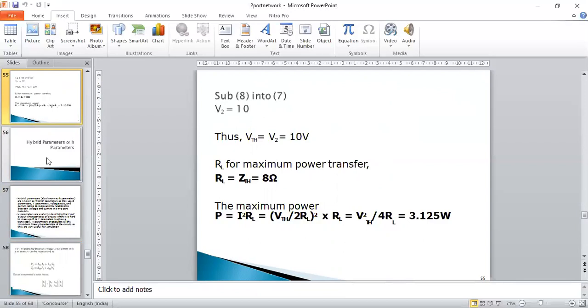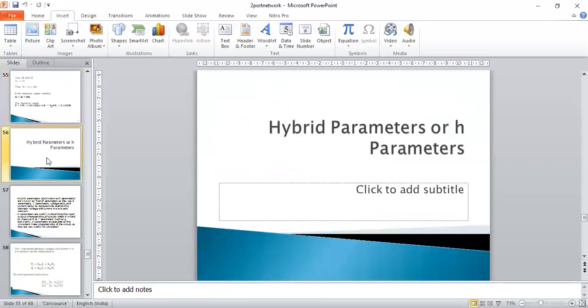The maximum power P is I square RL, and the maximum power transfer theorem says that P is VTH square divided by 4RL. Putting the values of VTH and RL, we find 3.12 watt. This is the basic equation of how maximum power can transfer from one side to the other side.